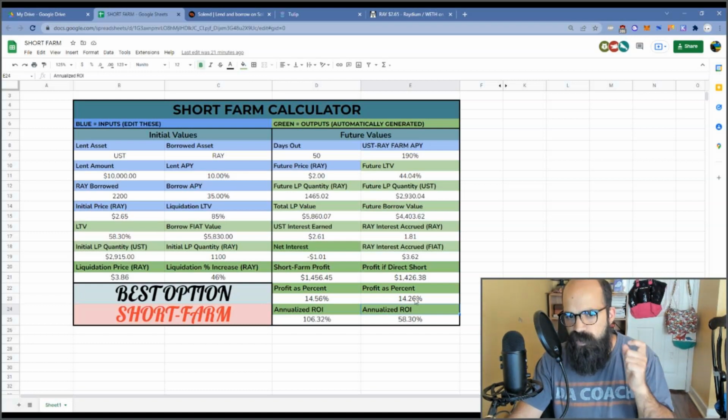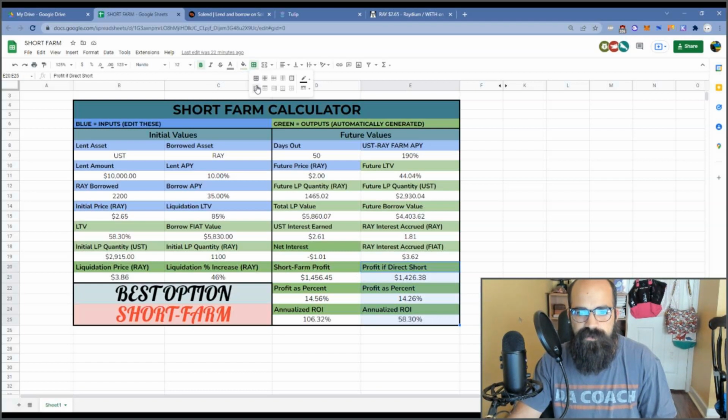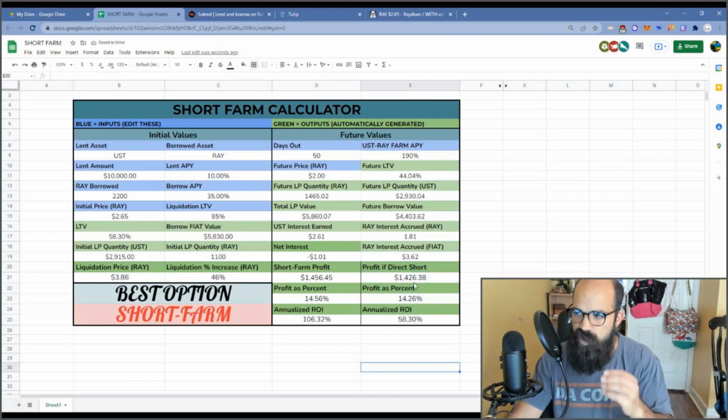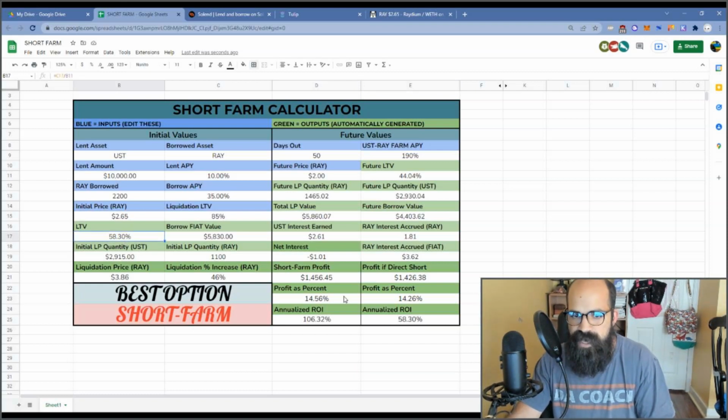However, with direct shorting, I guess I should make a line between these two things. With direct shorting, the maximum profit you can ever have, if you're not doing something with your short, is the LTV. Now this is assuming that the asset approximates zero.